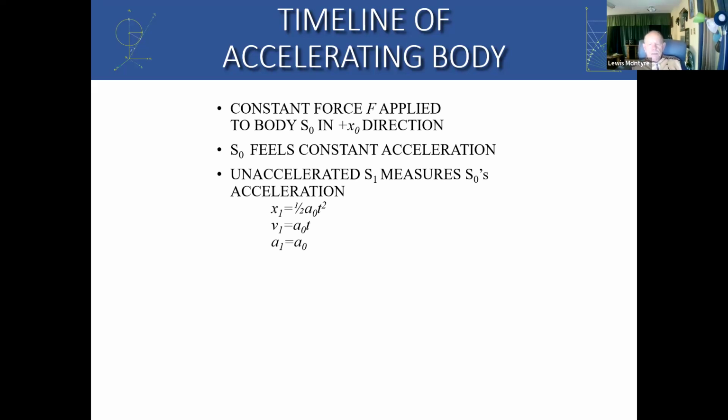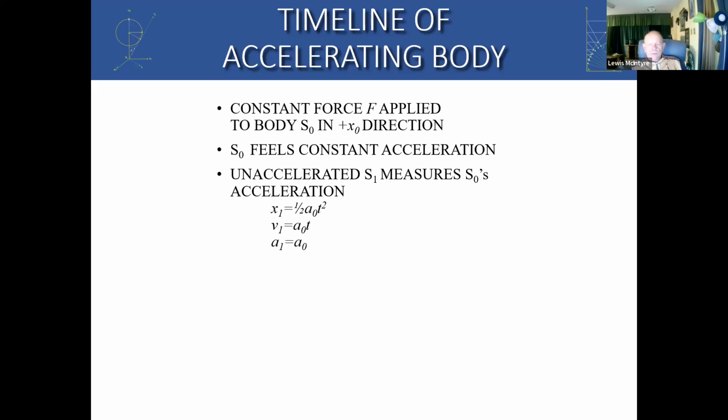For acceleration to be constant, a constant force F equal to S0's mass times its acceleration must be applied to the accelerating body in the direction of the x1 axis throughout the whole period of acceleration, and the body will feel a resisting inertial force in the negative x1 direction. This is what the accelerating body measures with its accelerometer.